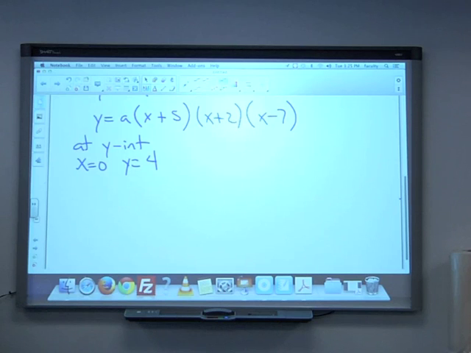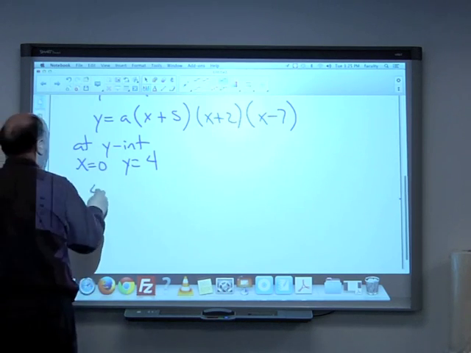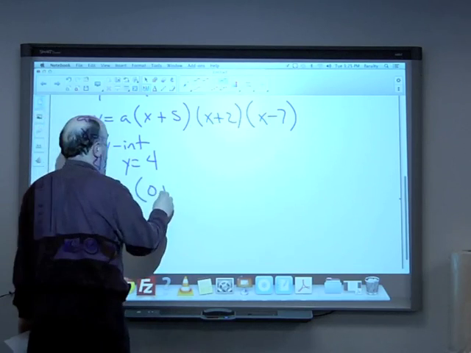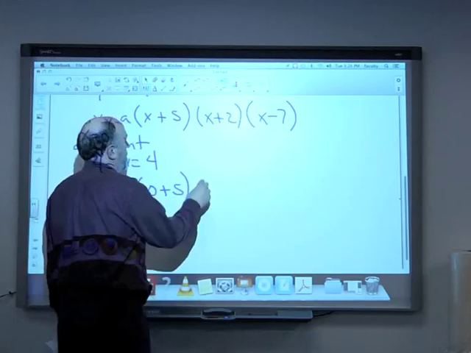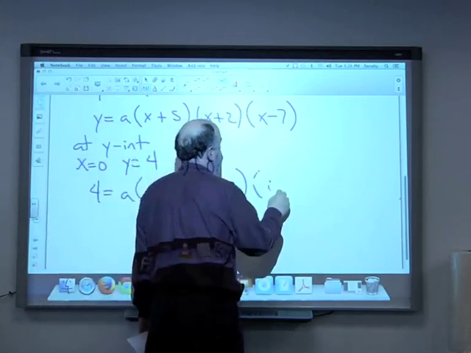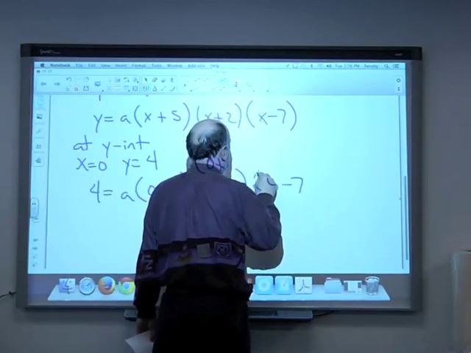So now I can plug these numbers in. We get 4 equals A times (0 plus 5), times (0 plus 2), times (0 minus 7).